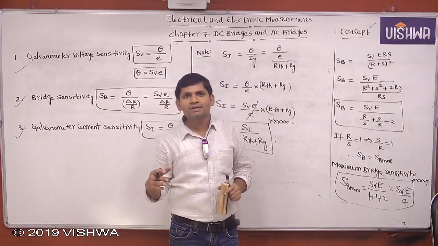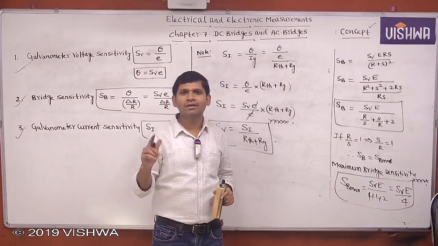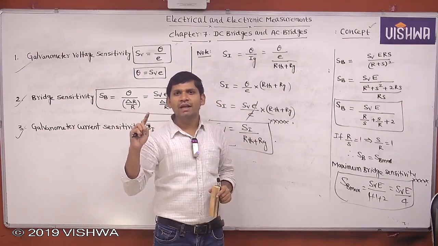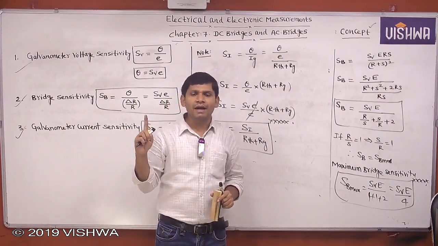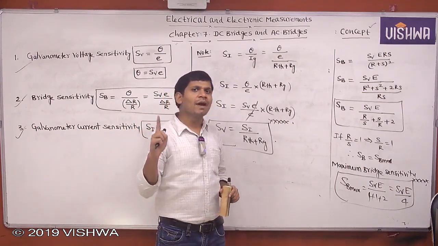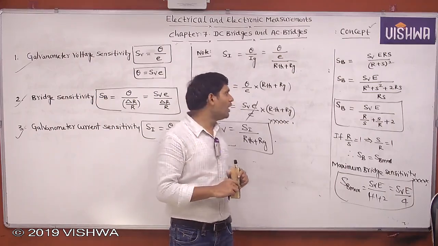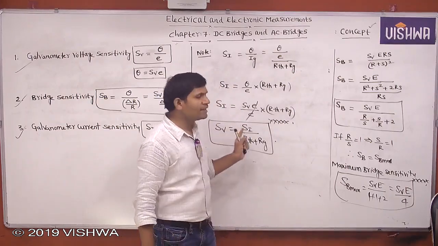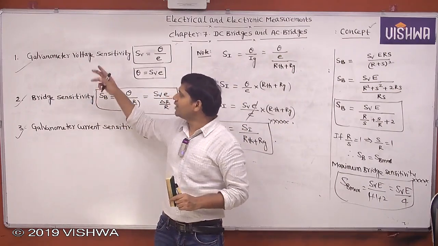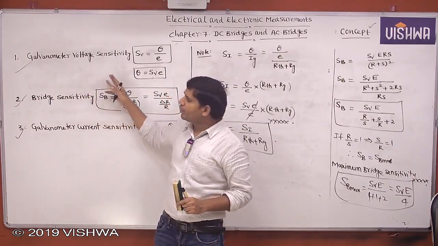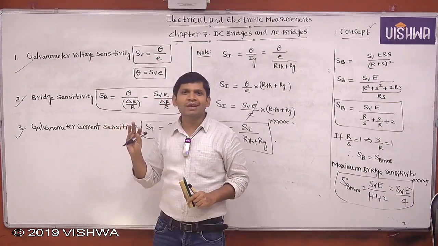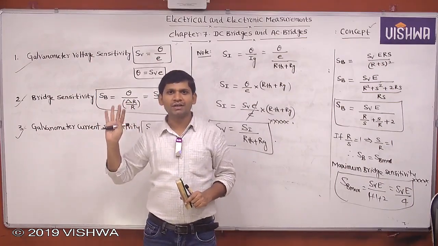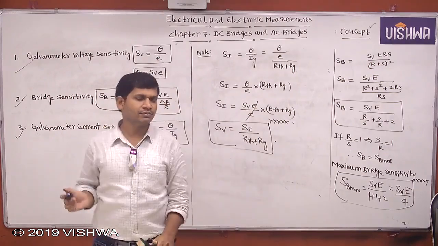For GATE and IES, mainly concentrate on how to calculate the voltage induced across the galvanometer under unbalanced condition, how to calculate the current through the galvanometer, what is the maximum value of bridge sensitivity, what is the relation between voltage sensitivity and current sensitivity, and the definitions of the three sensitivities: galvanometer voltage sensitivity, bridge sensitivity, and galvanometer current sensitivity. This is the detailed analysis of the Wheatstone bridge. Understand? Yes. Note down quickly.